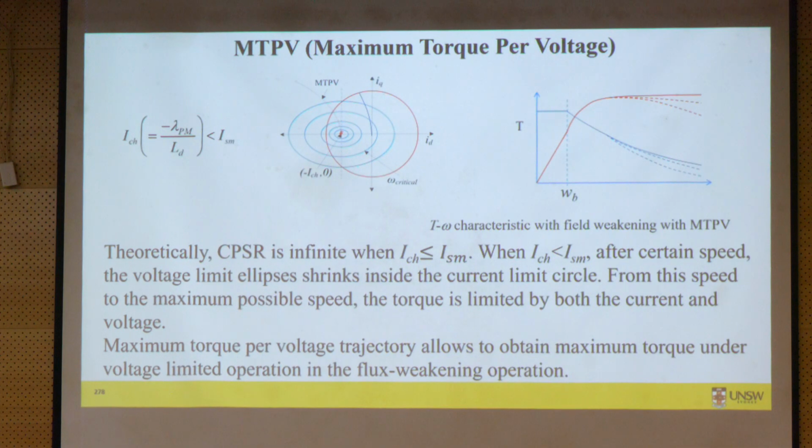And when we have a condition like this, we can in fact get another trajectory called maximum torque per voltage. So this is somewhat similar to your MTPA trajectory, but this trajectory is limited by voltage.